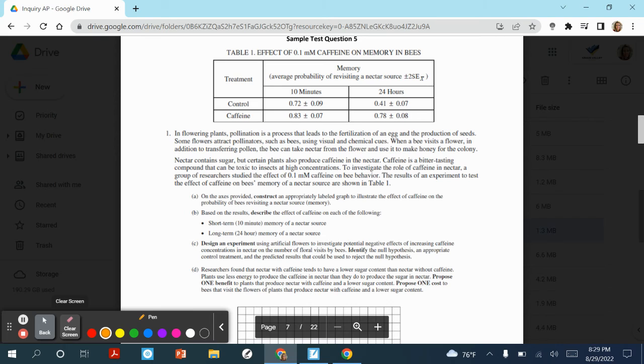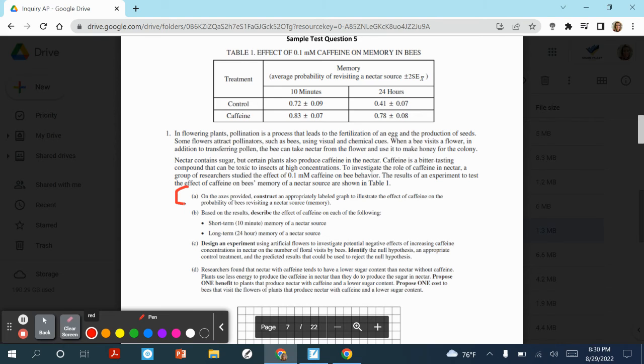And this is a pretty complex graph. I think this graph caused a lot of issues for students whenever it was on the AP exam a few years ago. Okay, so on this one, it says on A, on the axis provided, construct an appropriate labeled graph to illustrate the effect of caffeine on the probability of bees revisiting a nectar source.